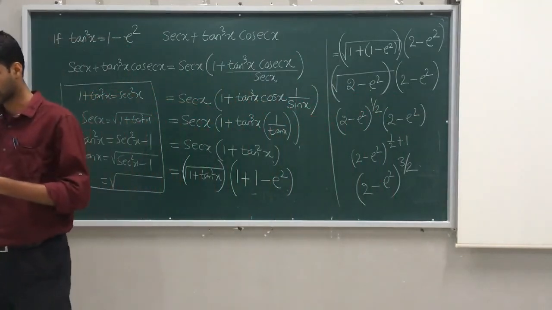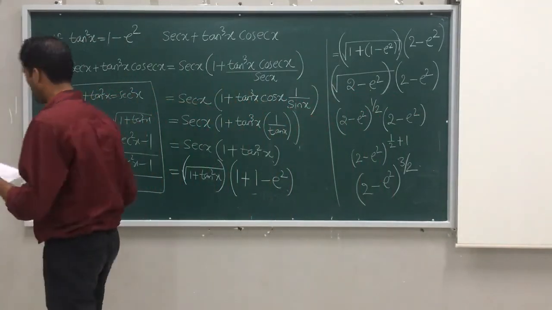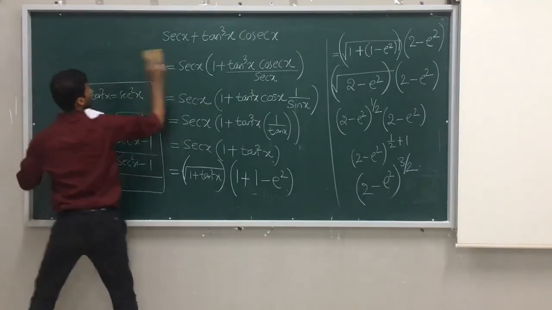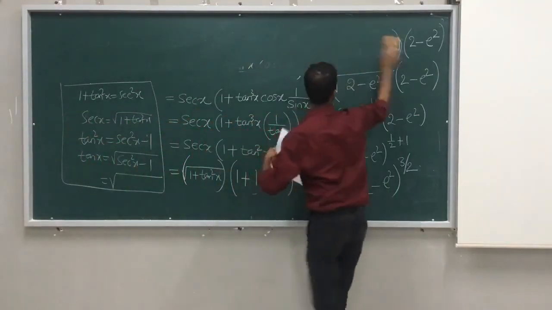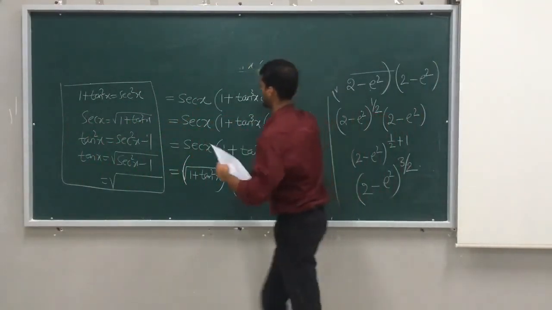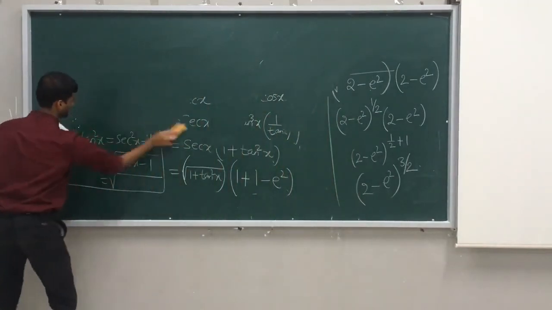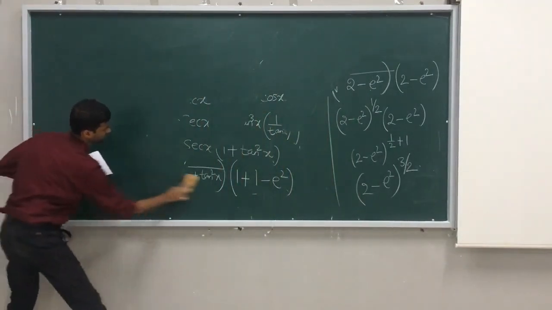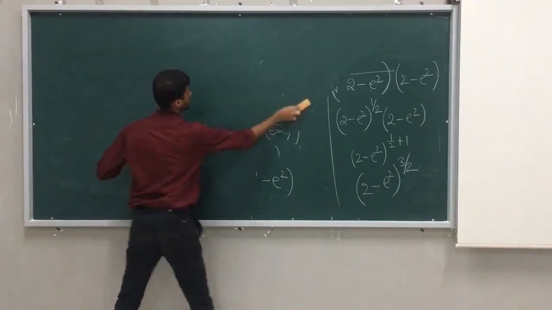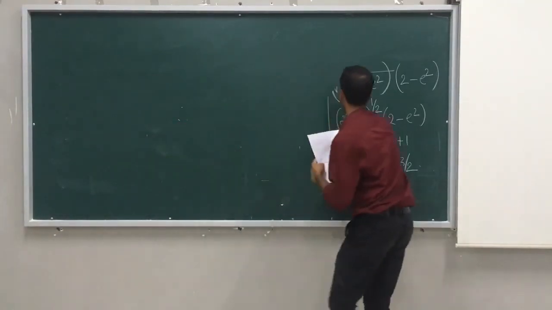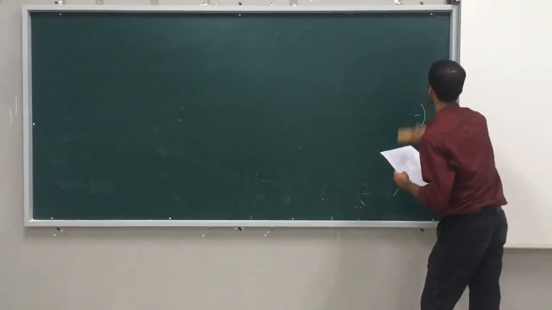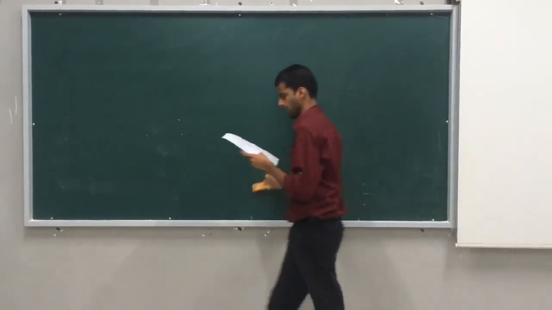Now I'll discuss one more question and give the rest, 2 questions, for your homework, and I'll discuss the remaining questions in an upcoming session. First of all, I'll discuss a few things now.